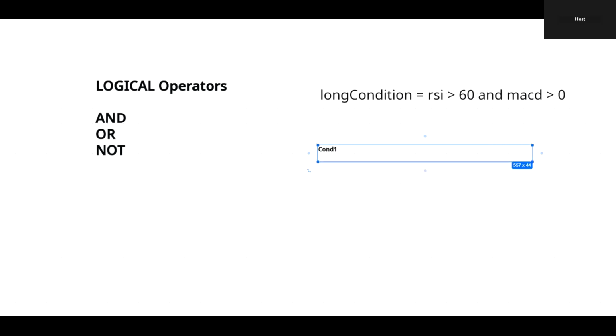So if my condition 1 is true, and my condition 2 is also true, both have to be true. Only then is my final end result going to be true.